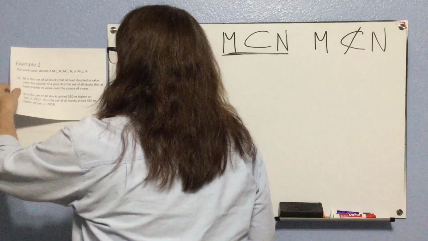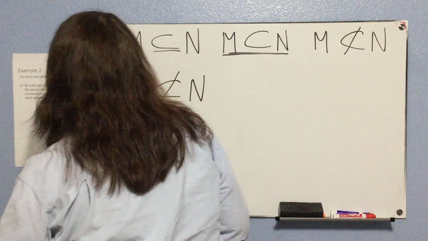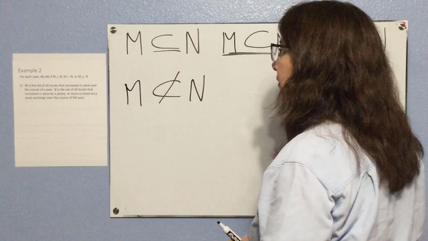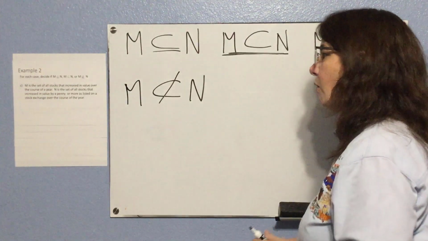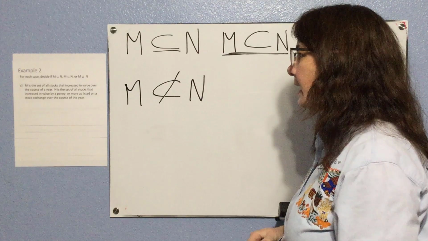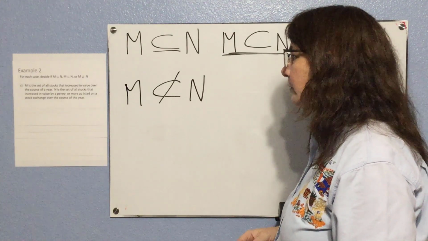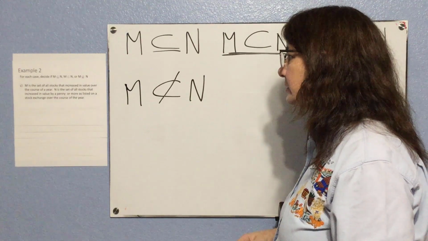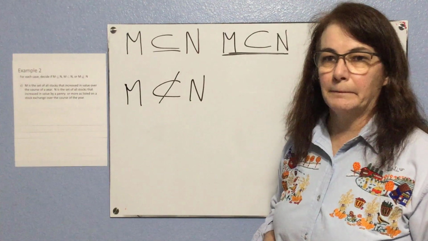We've got one more example to look at. M is a set of all stocks that increased in value over the course of a year. And N is a set of all stocks that increased in value by a penny or more as listed on the stock exchange over the course of a year.